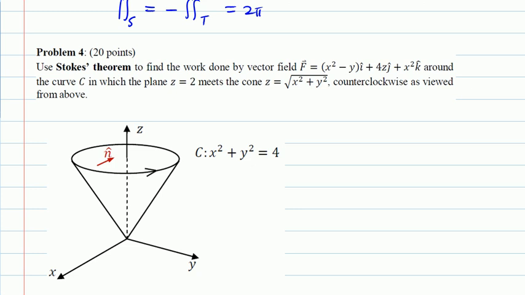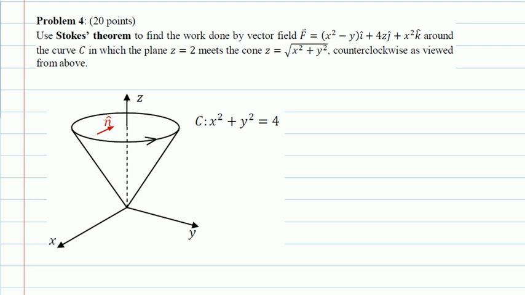Problem number 4. This is Stokes' theorem, which I will cover in the Tuesday lecture, and this is actually not too bad. Stokes' theorem relates a line integral with a double integral, a surface integral.